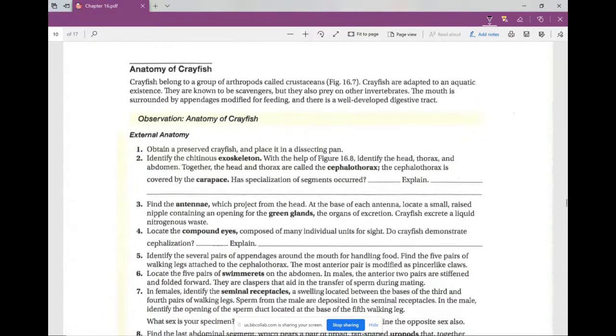Here, together, the head and thorax are called the cephalothorax, covered by the carapace. I explained to you what that was. Has specialization of segments occurred? Oh, yes, absolutely. Why? Because you have walking legs and gills in the thorax, in the cephalothorax.